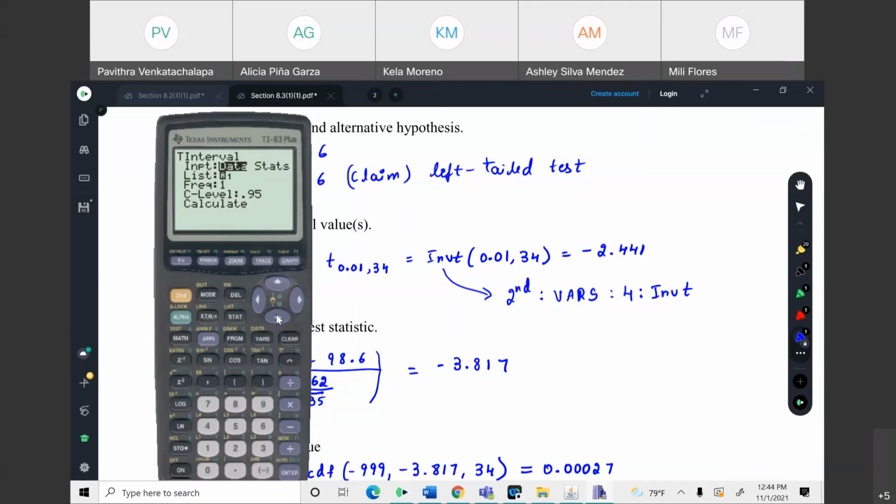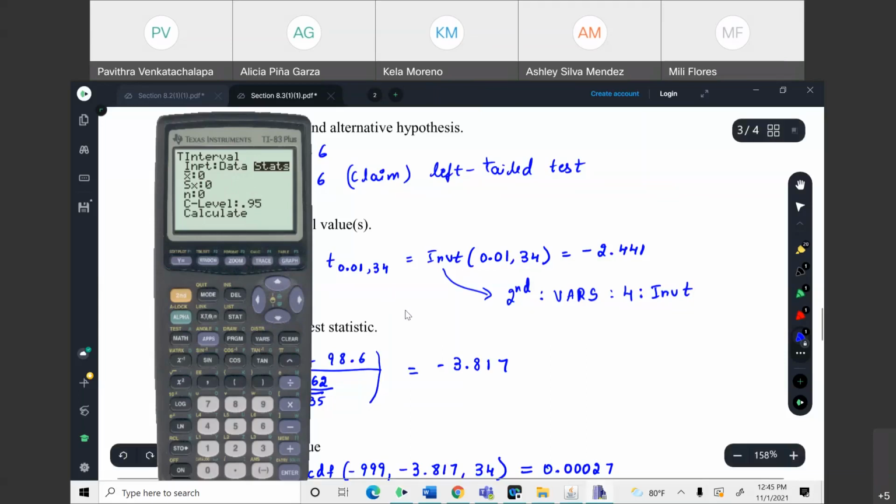So just click on stats, and in X bar just enter the value whichever you have and keep C level as 95, and then check whether you get the answer or not.